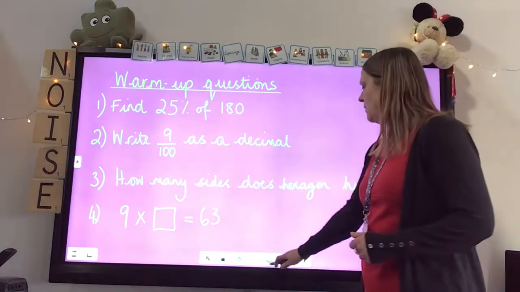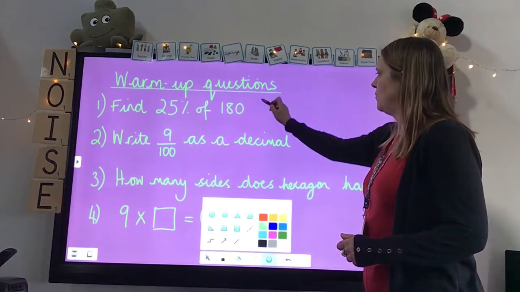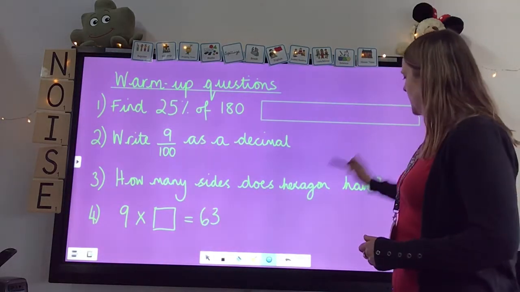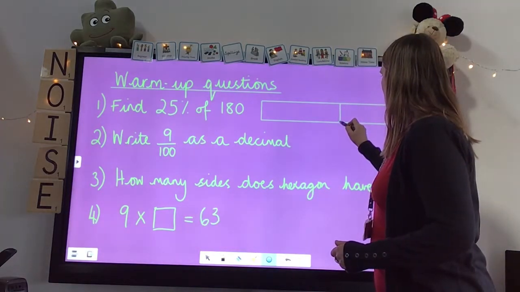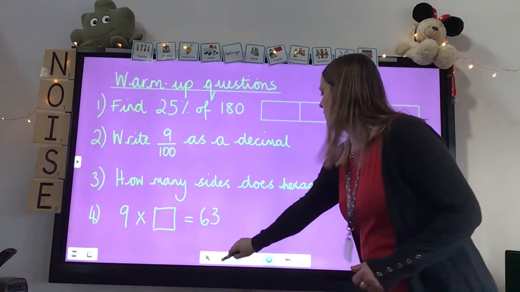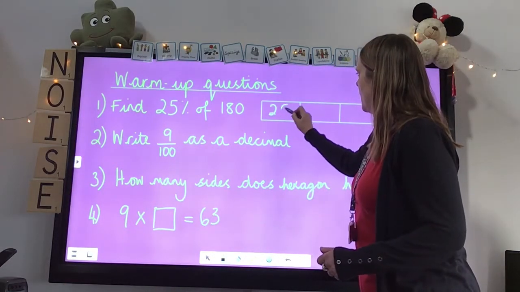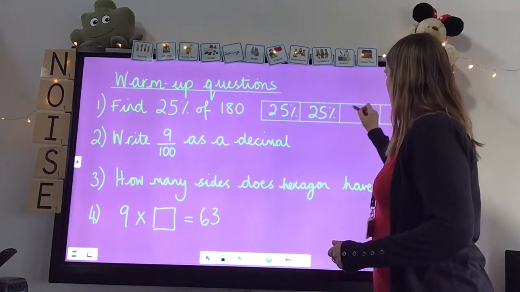We could also have used a bar model to help us visualise that. So we could have drawn ourselves a bar model. So this is 100%, and then we can split it into 4. So I know that each of those sections represents 25%.